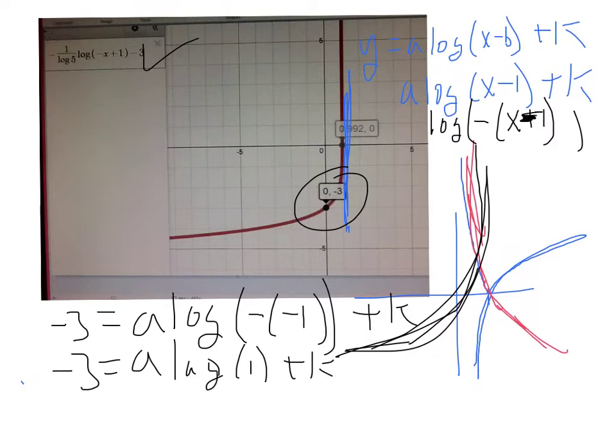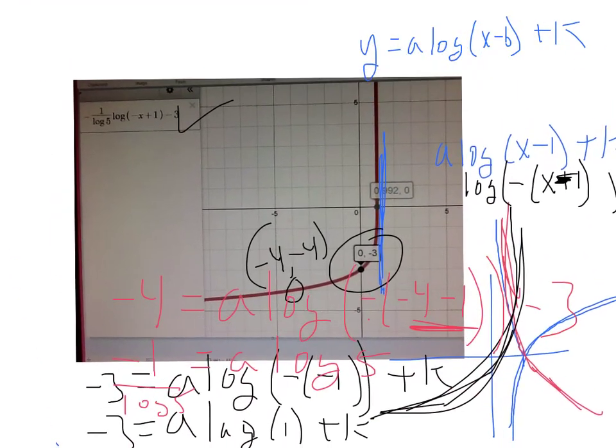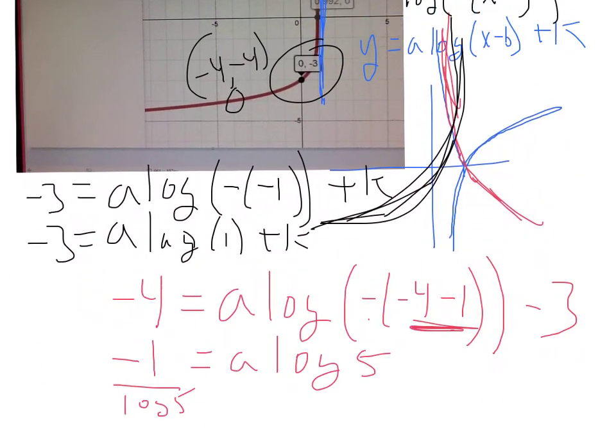So if I substitute those values in, I substituted in everything that I knew, and if I solve this for a, I'm going to add 3 to both sides. That gives me -1. And this is a log of 5, I think, right? That's -4, change the sign, you get 5. And so I'd get -1 over log 5 for a. Is that what I had for an answer? Yep.